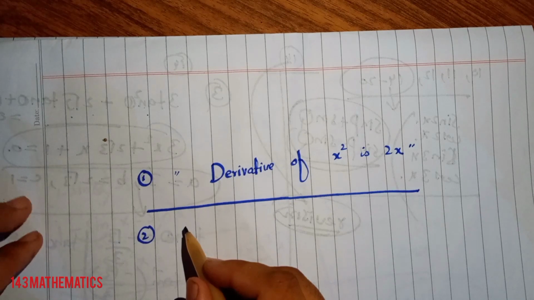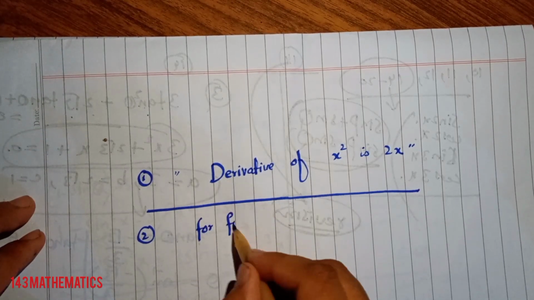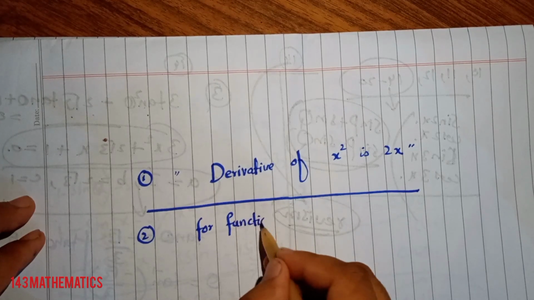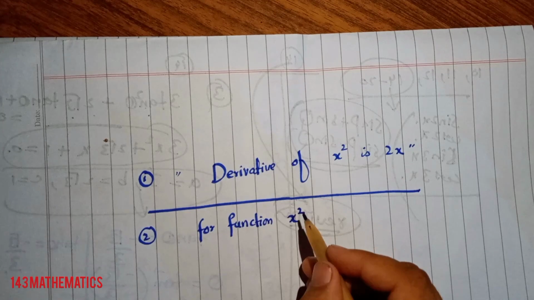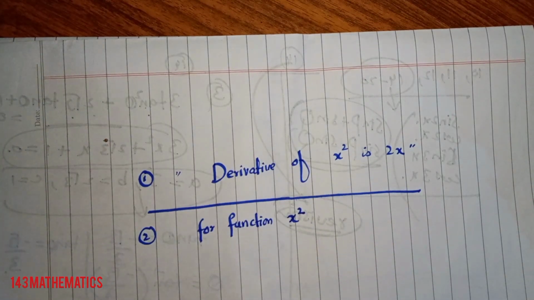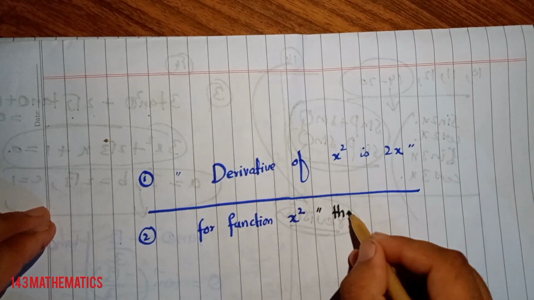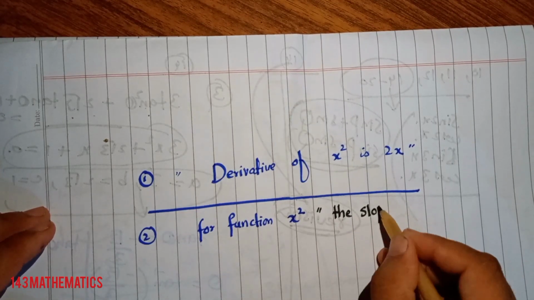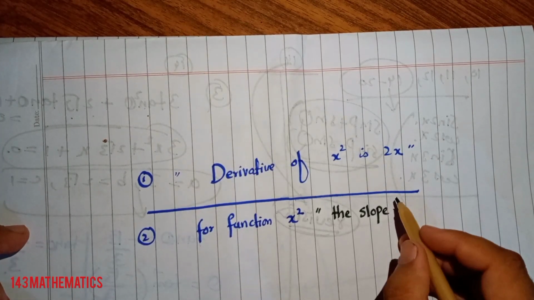The meaning of this is, for the function x square, the slope. We had discussed what is the derivative and what is the relation of the derivative with slope.